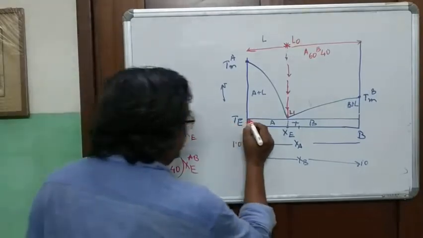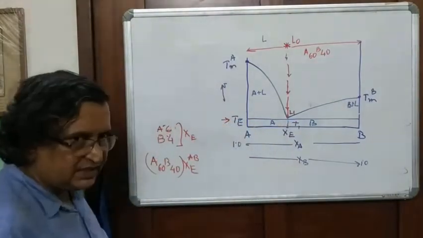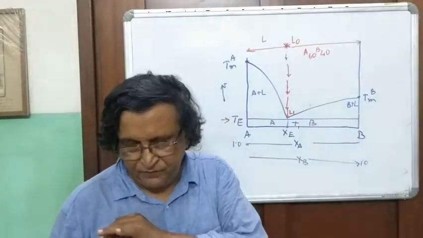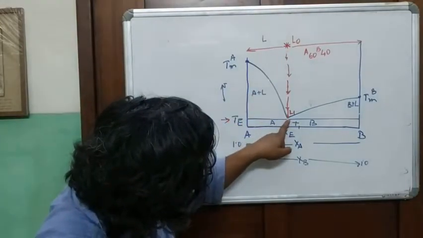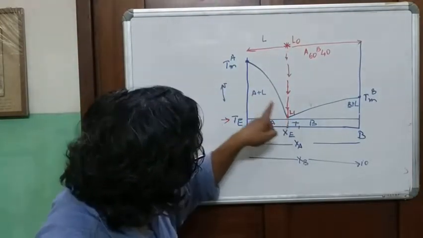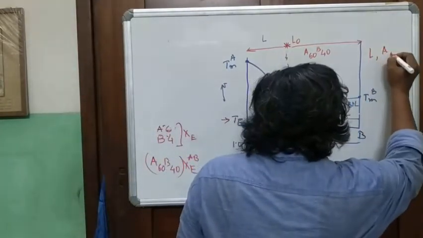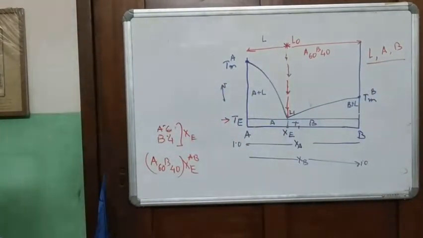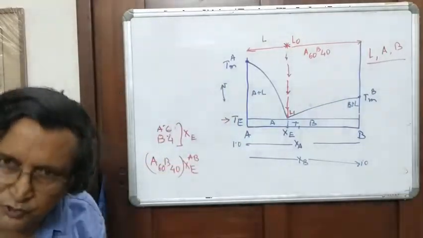The temperature where the crystallization starts is the temperature of the eutectic. This is the temperature at which crystallization starts. Why? Because now the melt composition has reached this point, where liquid, A and B are in equilibrium. So if it is so, then A and B have to precipitate out.